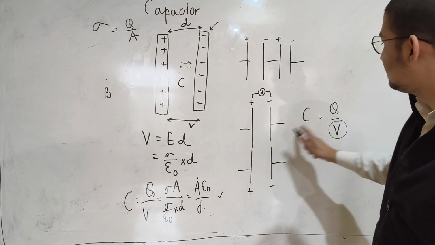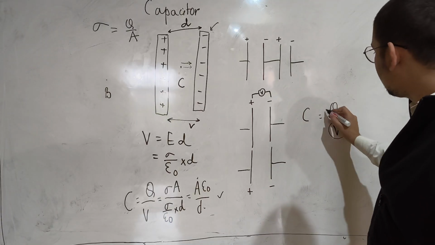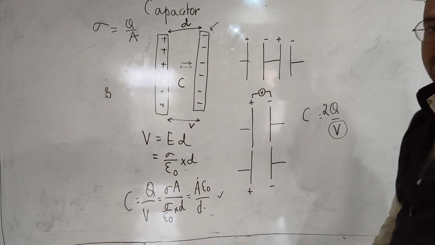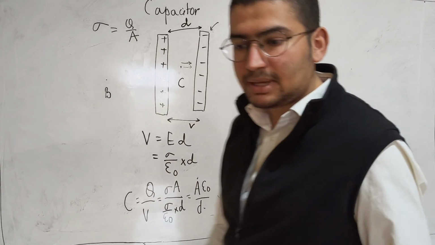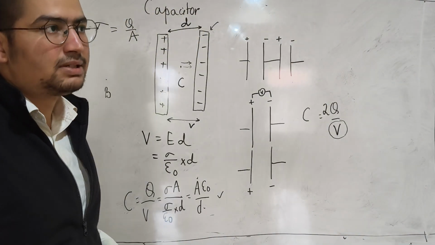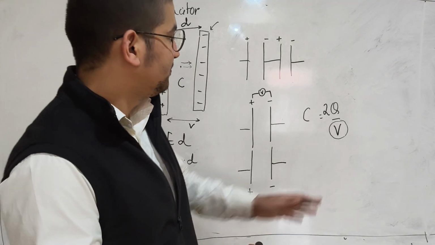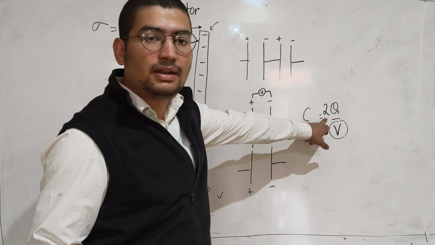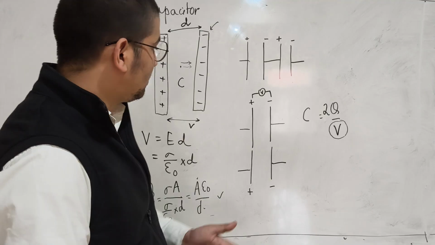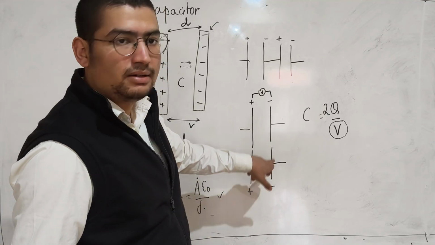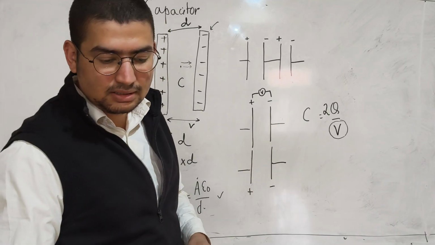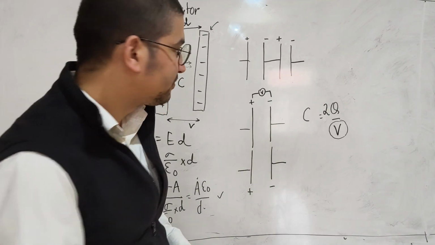You have double the charge. So C becomes 2Q by V. That means the capacitances of capacitors connected in parallel get added up.